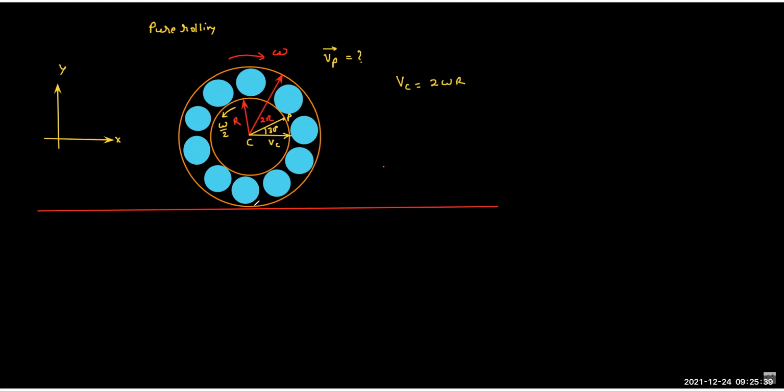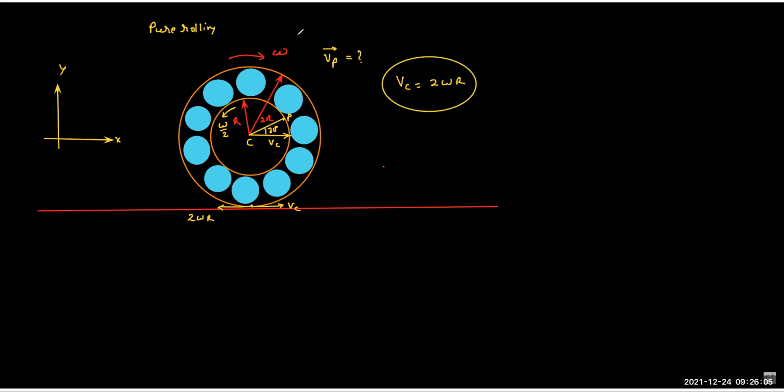So the bottom is 2R away, and the bottom is trying to go backward with velocity 2 omega R. So the center must move by the same value, then only it is possible. So this is something like a given truth. So we can go to the next part.